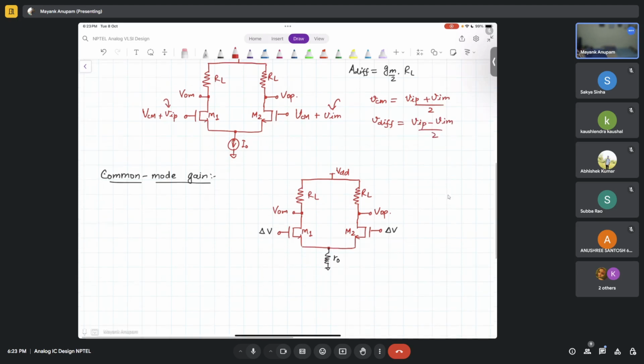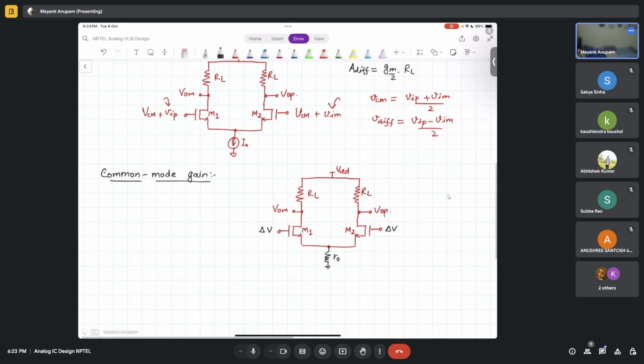When I write it in this manner, the signal at the input can be modified so that the bias voltage is still VCM, but there is a common mode voltage, called VCM in small letters, and a differential voltage at this node called VDIF. At this terminal I can write VCM plus VCM small minus VDIF.